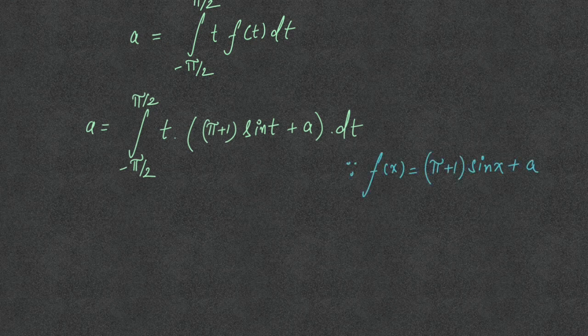Because we simplified, f(x) is equal to (pi plus 1) sine x plus a when the variable is x. So similarly for f of t, it will be (pi plus 1) sine t plus a.